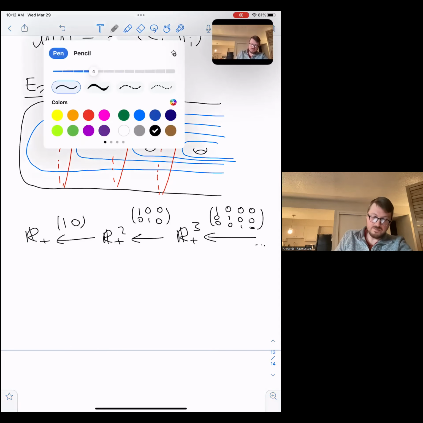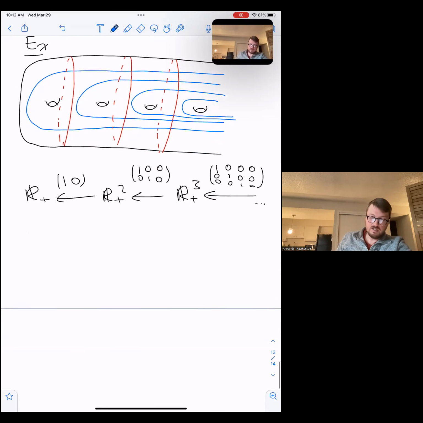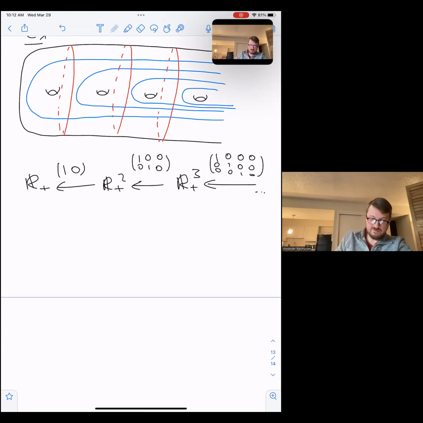So what does something in this inverse limit look like? We have vectors in each cone, and these vectors just need to map to each other under the linear transformations, which just forget the last coordinate.